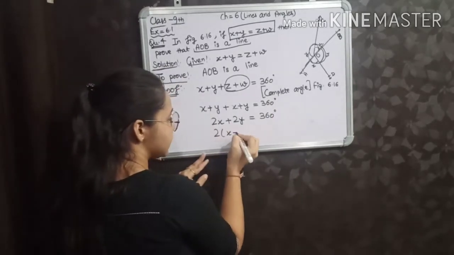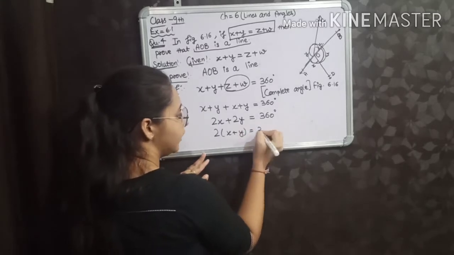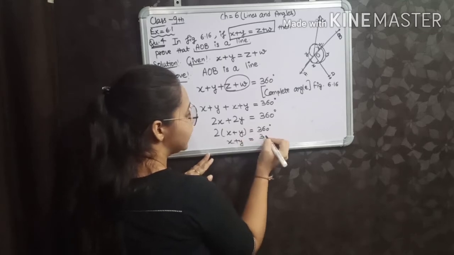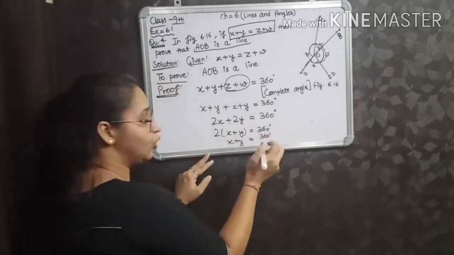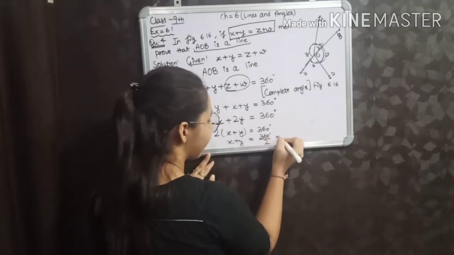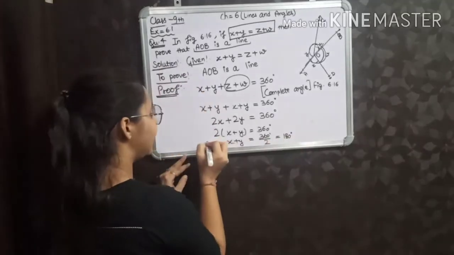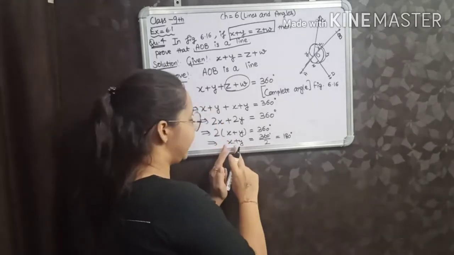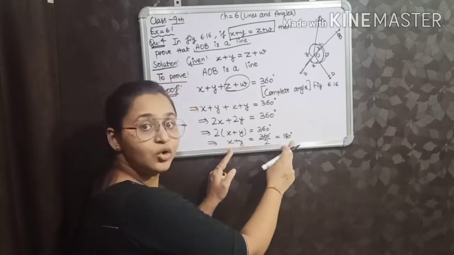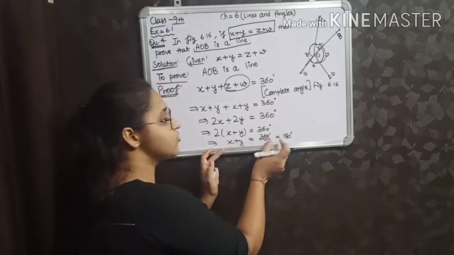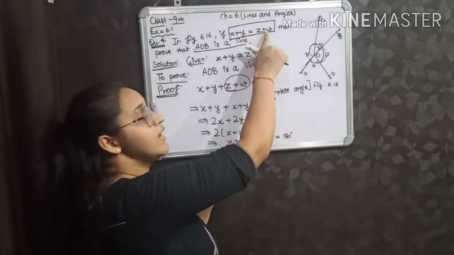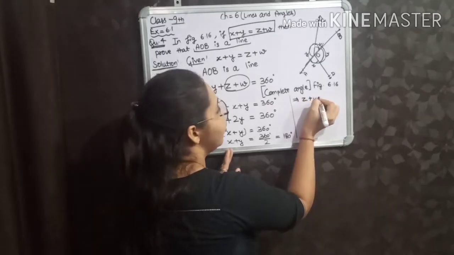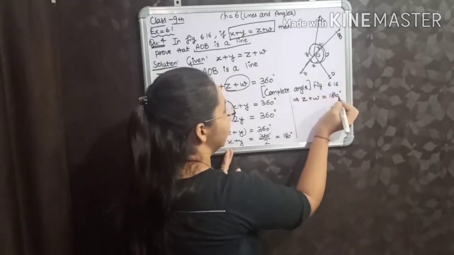It will give 2 times x plus y is equal to 360 degrees. Now x plus y will be equal to 360 degrees divided by 2, so finally it will give you 180 degrees. Okay. It means angle x plus angle y is equal to 180 degrees, and if x plus y is 180 degrees, then since x plus y is equal to z plus w, it implies z plus w is also equal to 180 degrees.